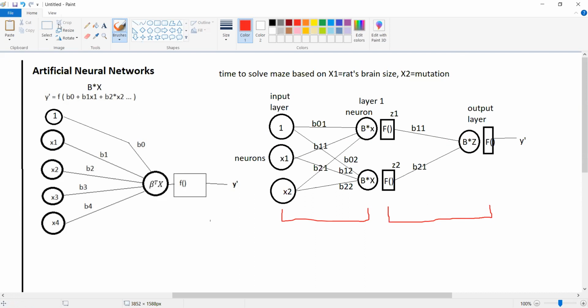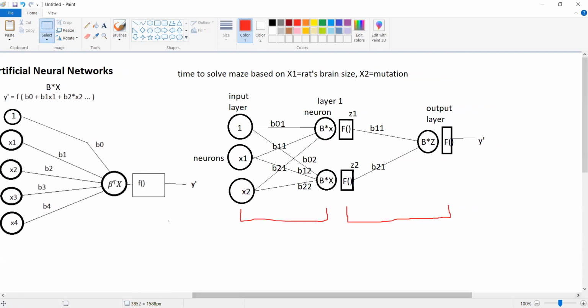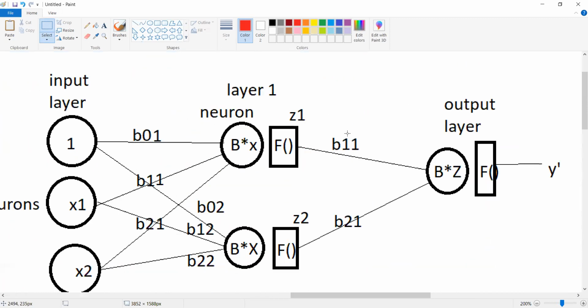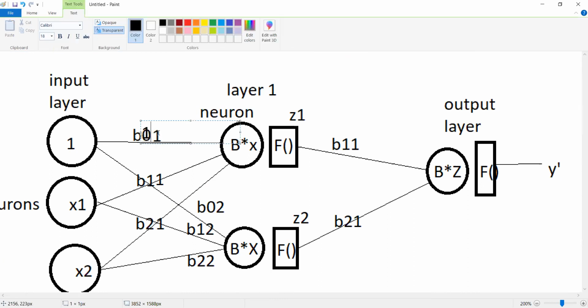So if you want to also specify where the B is in between the layers, you add a number above the B. Let's do it in black. So this will be 1 above, meaning it's in between the input layer and layer 1, and this will be 2.